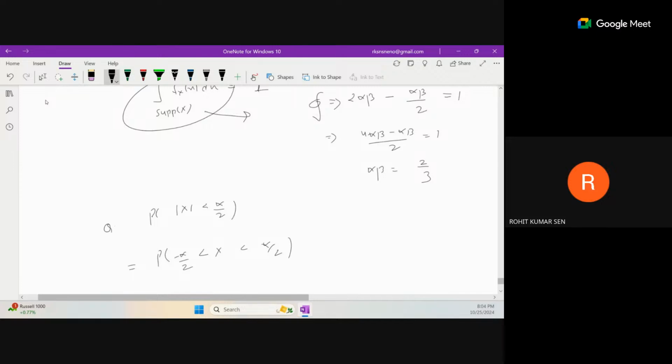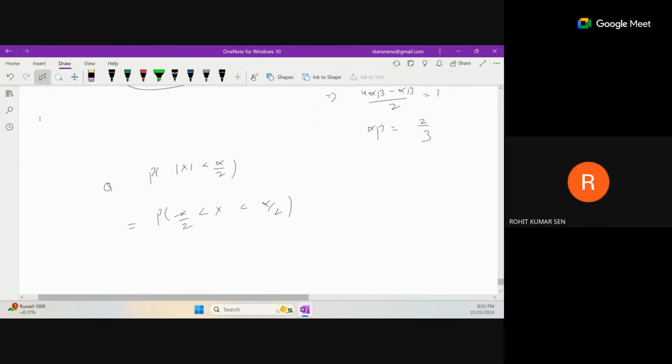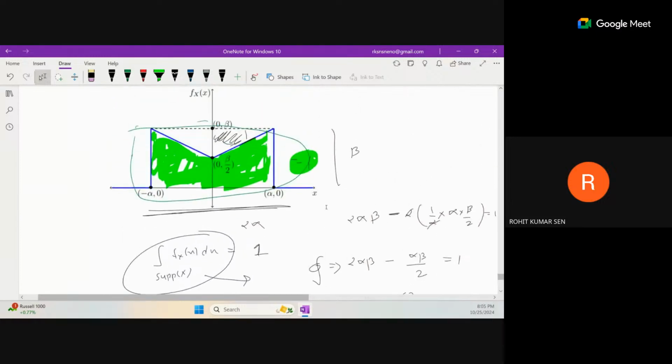Yeah, if this is clear, I can move forward. Probability of x bar less than alpha by 2 is equal to probability of x between minus alpha by 2 to alpha by 2. Now, if you see here, what does it mean? It means my x value is between alpha by 2 and minus alpha by 2.